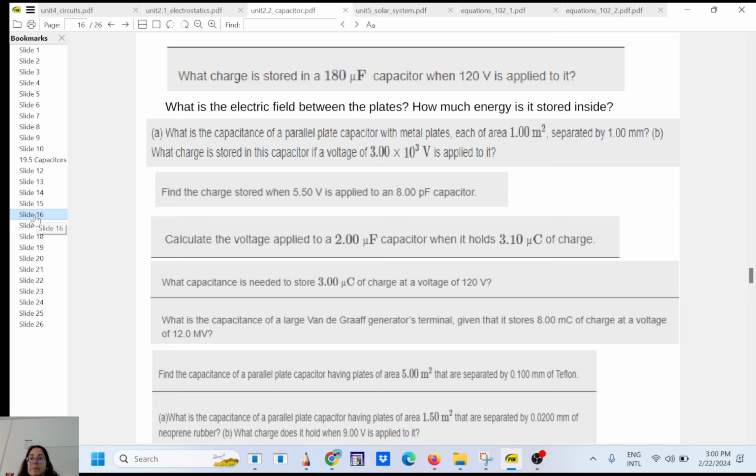What is the electric field between the plates? How do we do that? Oh, maybe I didn't give you the distance. I didn't give you the distance between the plates, so you can skip that. Okay.